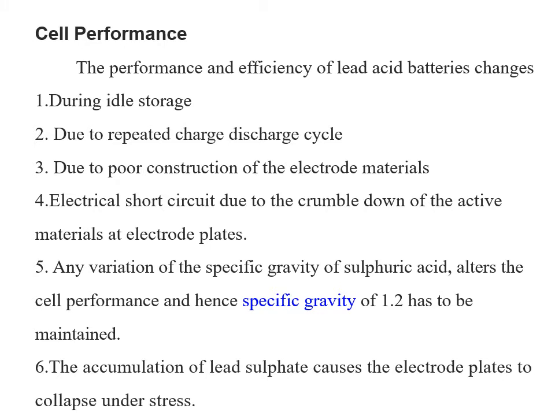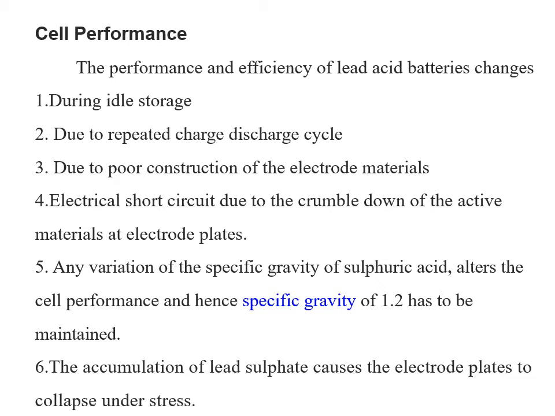Cell performance. The performance and efficiency of lead acid batteries changes during idle storage due to repeated charge discharge cycles, due to poor construction of the electrode materials, electrical short circuits, due to the crumbling down of the active materials at electrode plates.